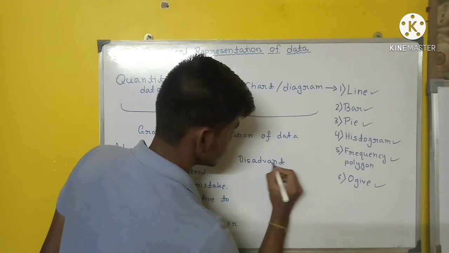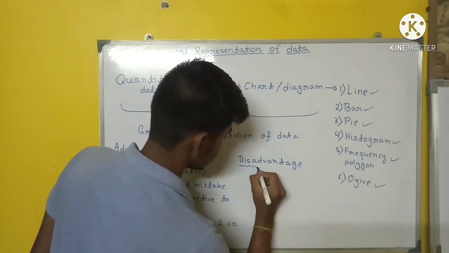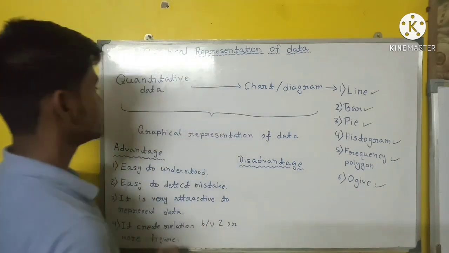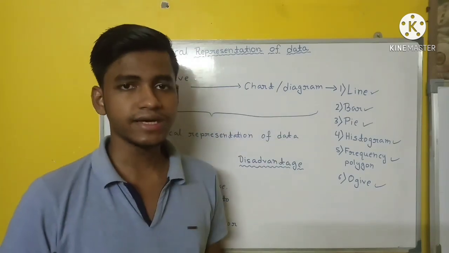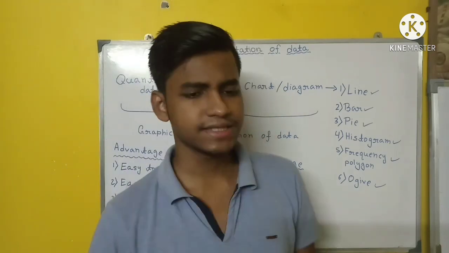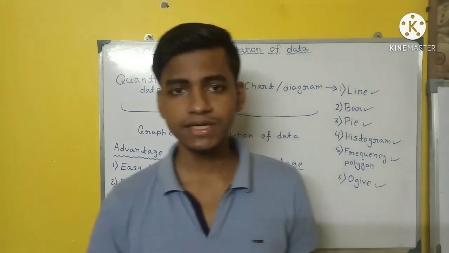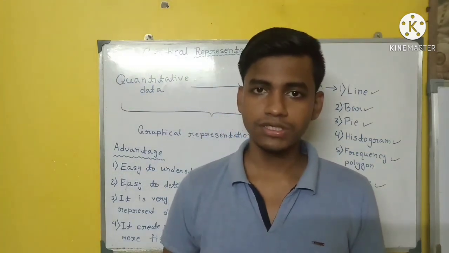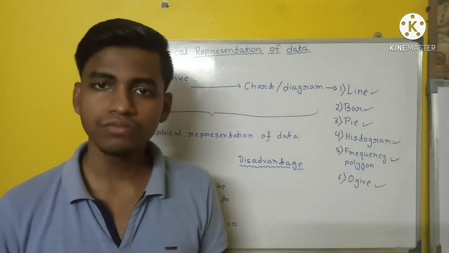When you represent the quantitative data in chart or diagram, it will take more time, because at first you have to collect those data, then you have to do some mathematical equation, and then you will get the result. Then you can interpret those quantitative data in a chart. So it will consume more time.